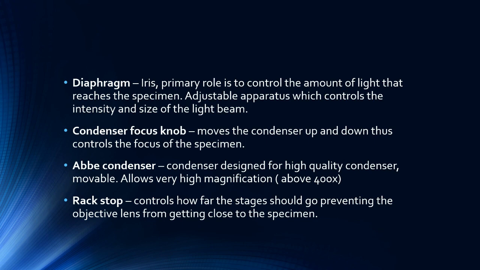The diaphragm controls the amount of light which reaches the specimen. The condenser moves up and down so that it controls the focus of the specimen. The Abbe condenser is a high quality condenser which is movable. It allows high magnification of about 400x. The rack stop controls the stage and prevents the objective lens from getting too close to the specimen.